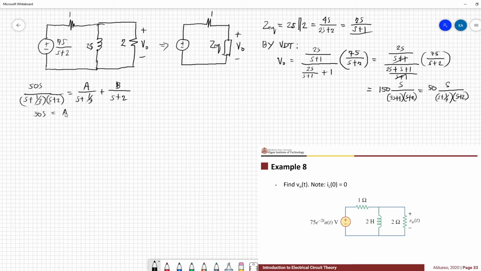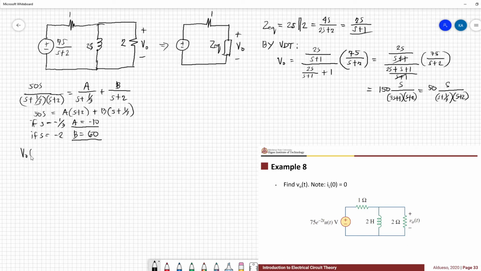Now if S is equivalent to negative 1/3, A is negative 10. Now if S is equal to negative 2, B is 60.